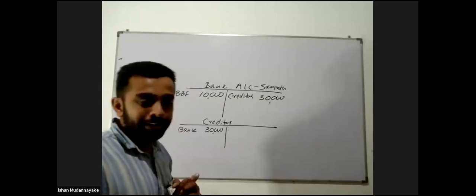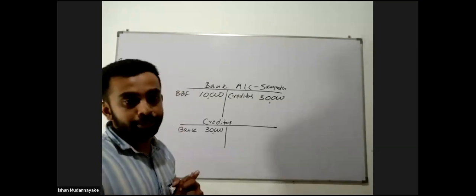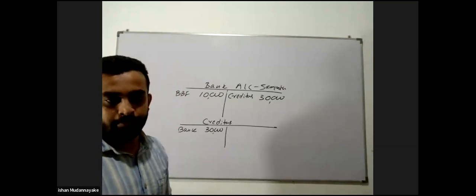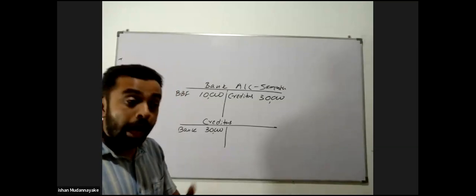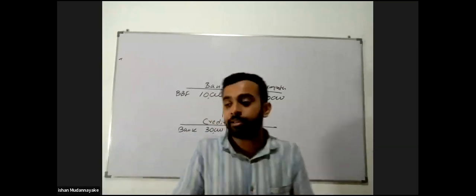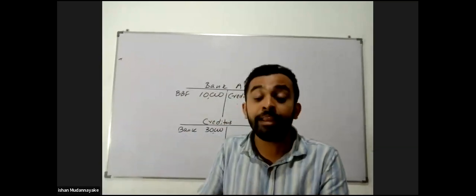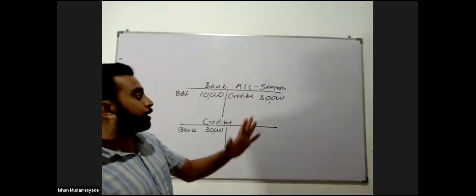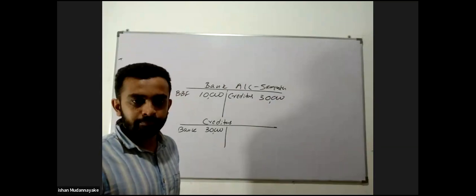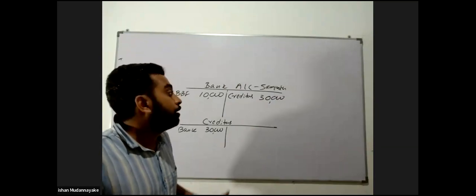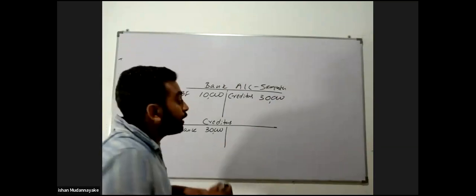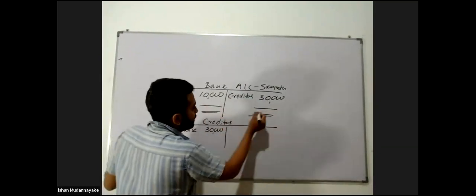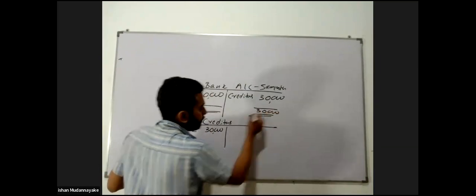However, you have already discussed with the manager to get an overdraft facility. After the supplier presents the check, Sampath Bank will pay 30,000 to your supplier. Right now, the available balance in your current account is how much?